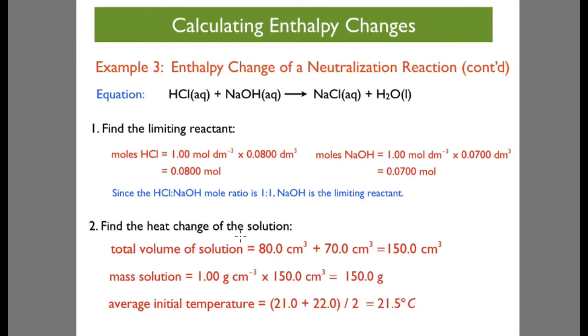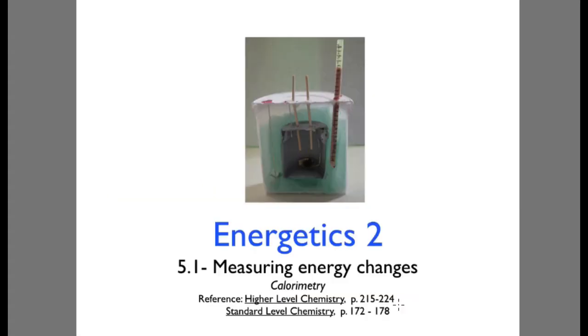Let's find the heat change of the solution. Total volume of solution is 80 plus 70, so we've got 150 centimeters cubed. The density of water is 1 gram per centimeter cubed, our conversion factor. So we've got 150 grams. And the average initial temperature is just an average of those two different temperatures given. So add them together, divide by 2, we get 21.5.